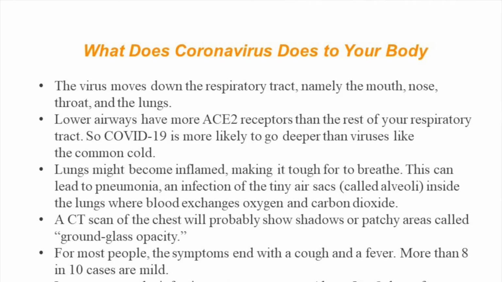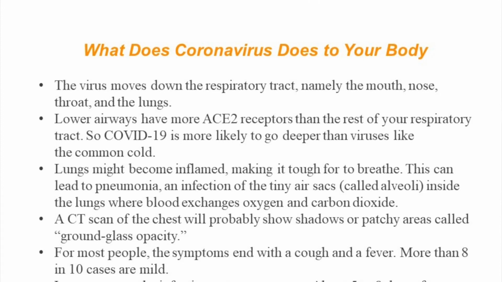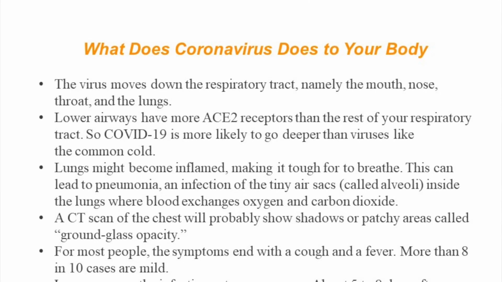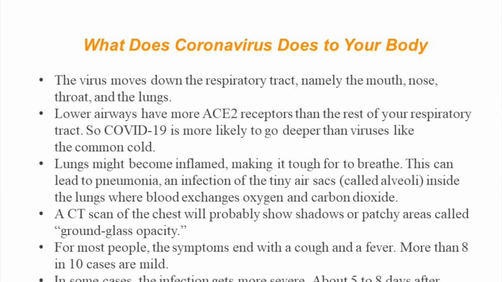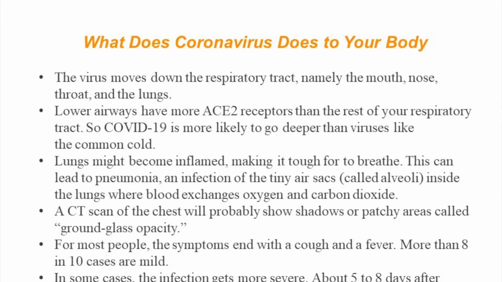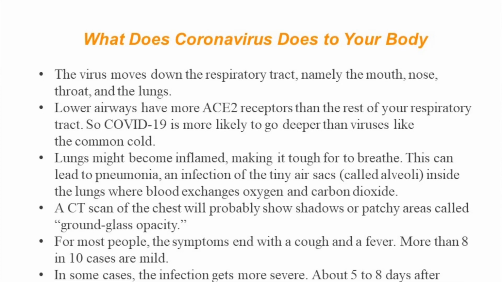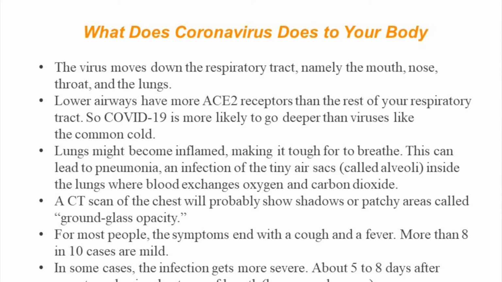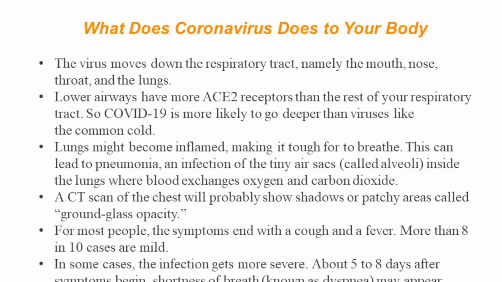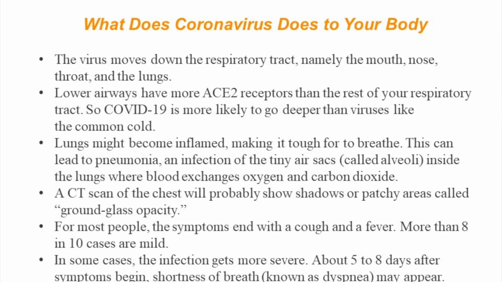The virus moves down the respiratory tract, namely the mouth, nose, and throat, and it gets to the lower airways, where we have more ACE2 receptors than the rest of our respiratory tract. So COVID-19 is more likely to go deeper than viruses like the common cold. That's unfortunate.